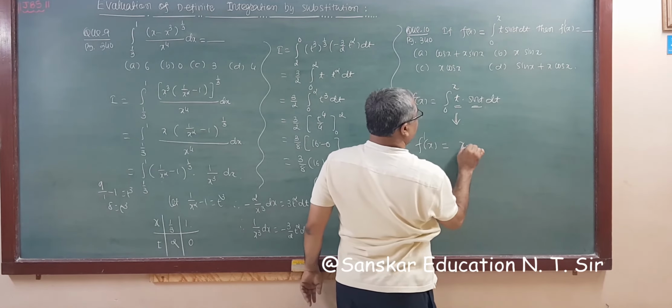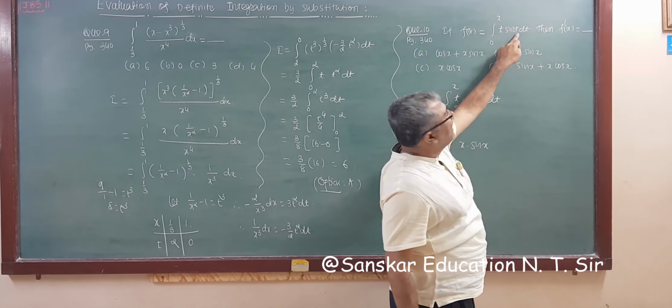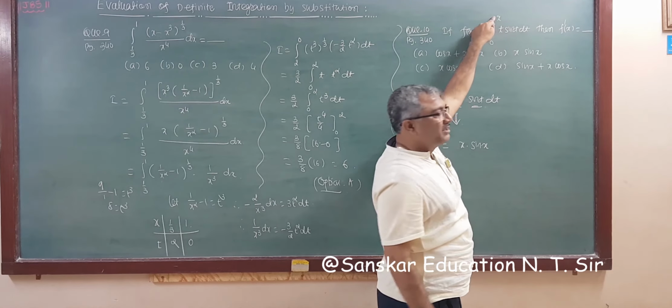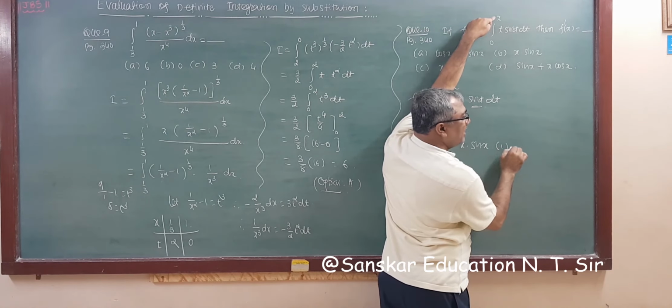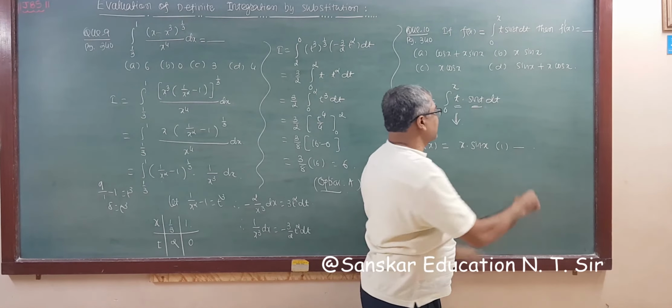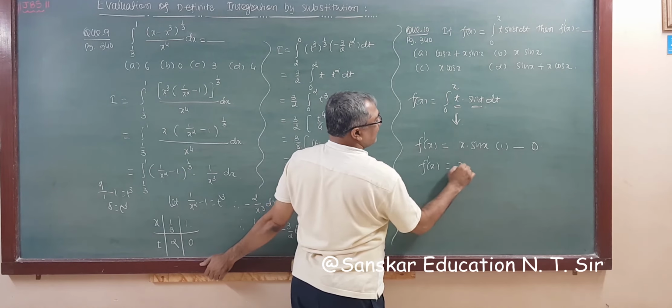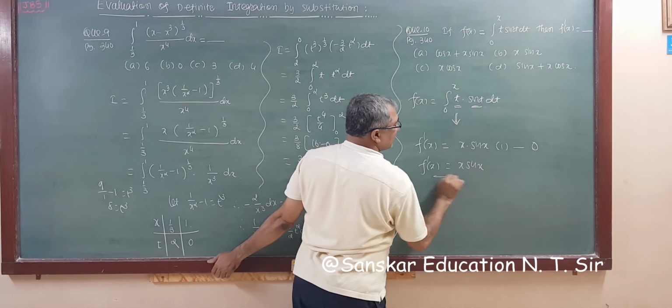So what is your answer? x into sin x, and then the derivative of this upper limit, so the derivative of the upper limit is 1, minus substitute the lower limit. So 0 into anything is 0. So your answer will be f dash x is equal to x into sin x.